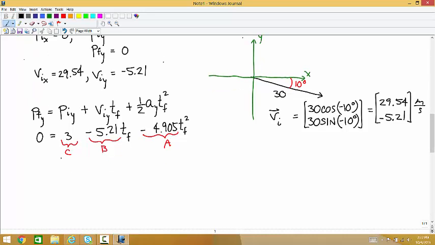Okay, so can someone who has the quadratic formula in your calculator punch that in for me? I know some of you have it because I've programmed it in your calculators. What do you get? 0.04.